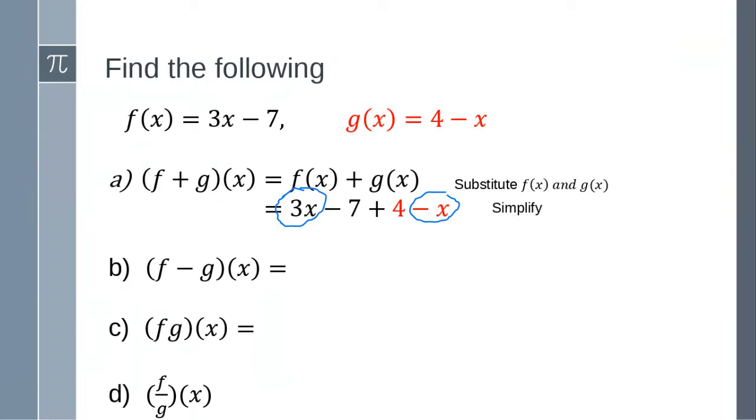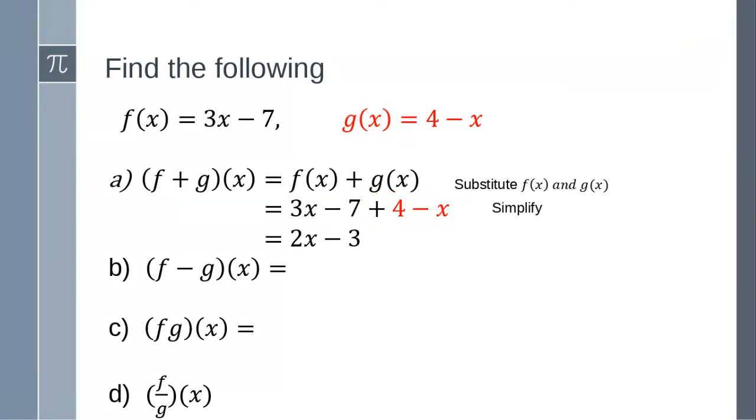And then I also have two constants, right? So I have a constant of -7, and I have a constant of 4. These two get combined. So when I combine my like terms, 3x minus x is going to give me 2x, minus 7 plus 4 is going to give me -3. Okay, simple as that. Basic function operations.